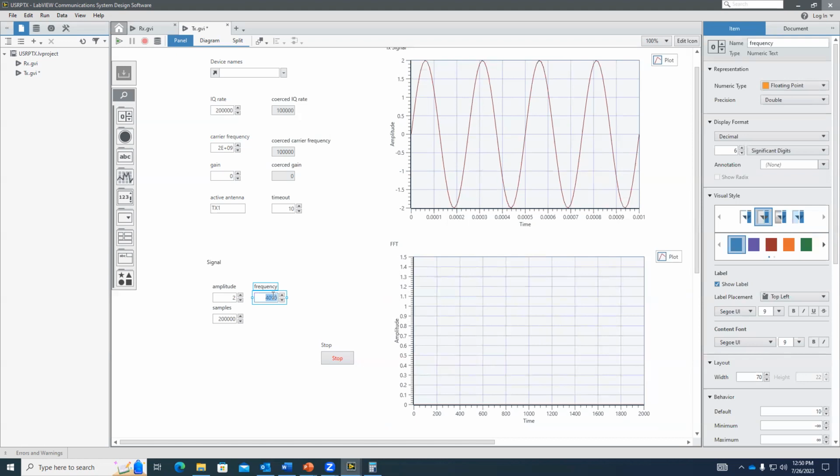But if you have the USRP connected, it will be fine. But you have to follow these steps, okay?